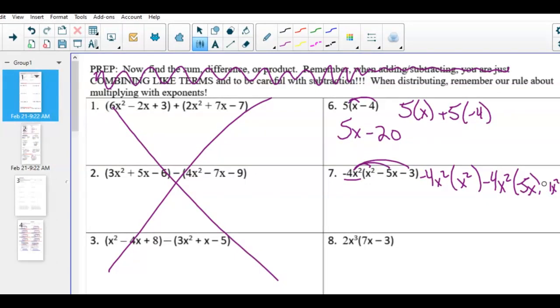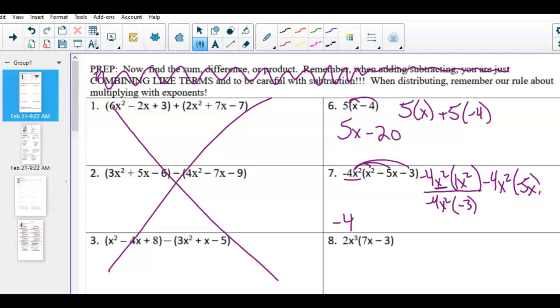Let me actually write that down. Times my last term, negative 3. Right? Or this first, negative 4x squared times x squared. I'm multiplying negative 4 and basically 1, so that's just going to be negative 4.